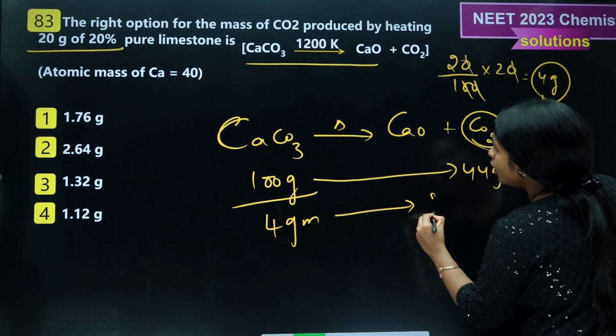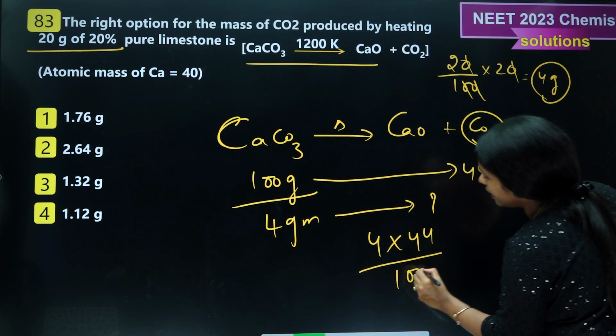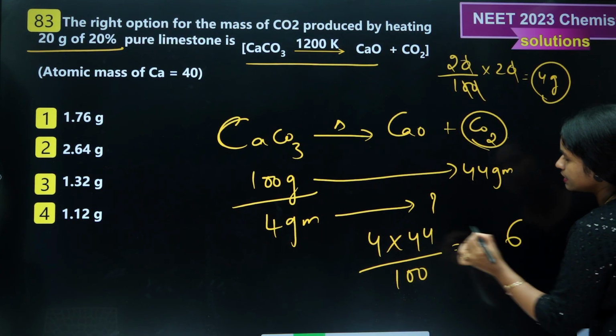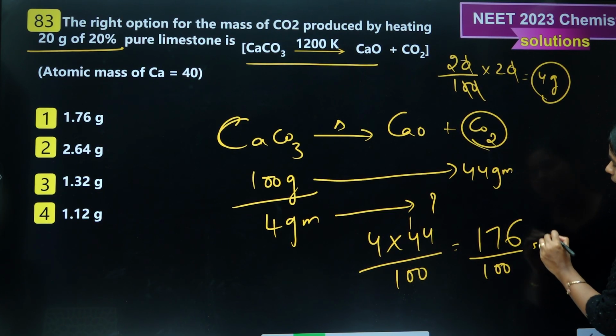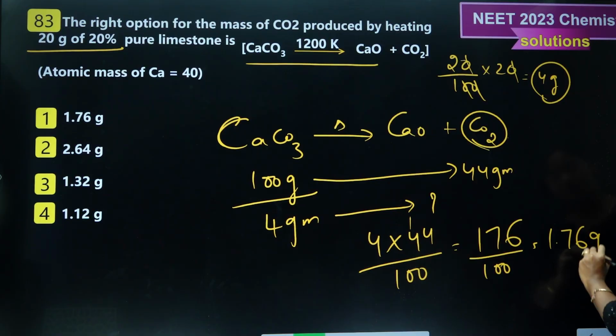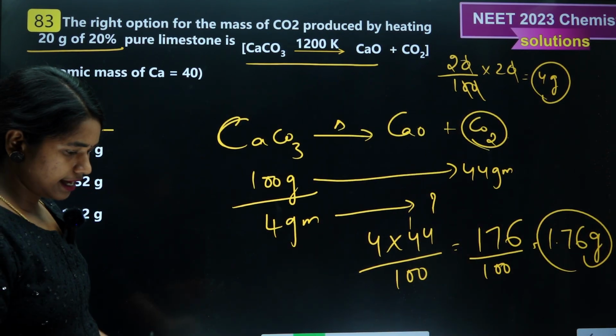Then do the cross multiplication: 4 into 44 by 100. 4 fours are 16, so 176 by 100, that will be 1.76 grams. So option number 1 is the correct answer.